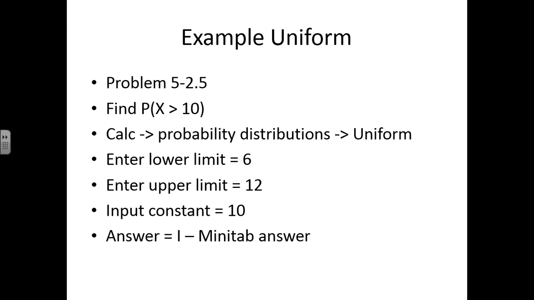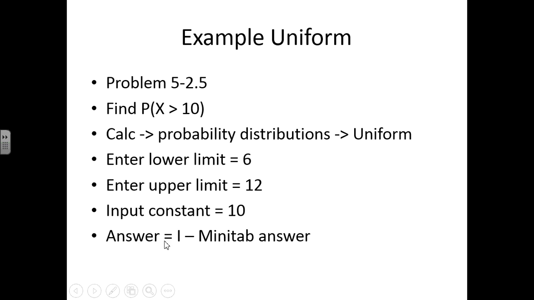Then a box is going to come up and ask you to input a lower limit and an upper limit. For this particular problem, the lower limit is 6 and the upper limit is 12. Our input constant is always this number right here. So under input constant, remember, not input column, but input constant, enter 10.